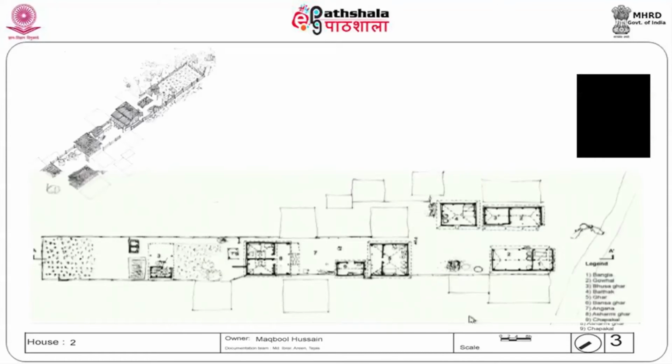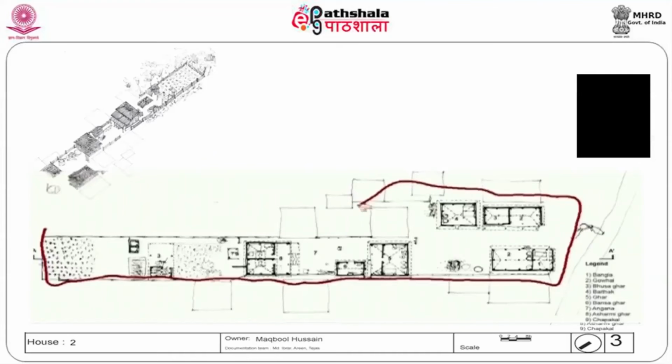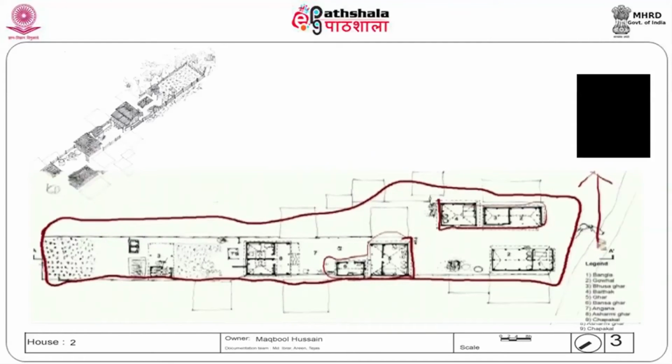Again, if you observe very carefully here, there is a certain way in which this land parcel has been done, and there is a certain way in which this grouping is done, as compared to the earlier one where the size of the plot was bigger.